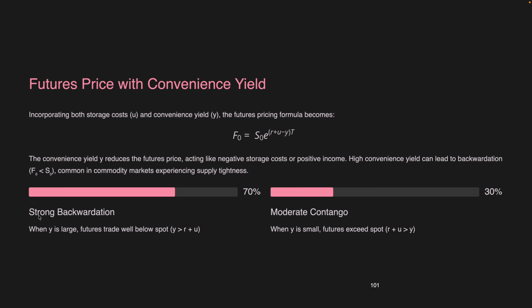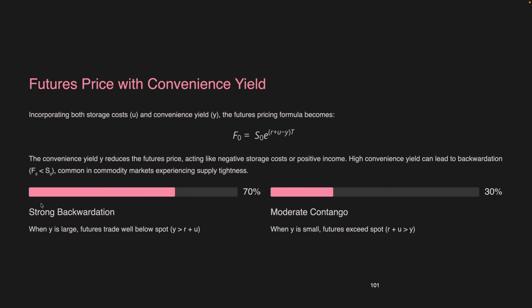We will not go into the detail of what backwardation and contango are. I will just explain that backwardation is when the future price is less than the spot price. This will happen only when the demand for the commodity is very high in the short term and very low in the long term. In such cases, the spot price will be higher than the future price, and that is called backwardation.